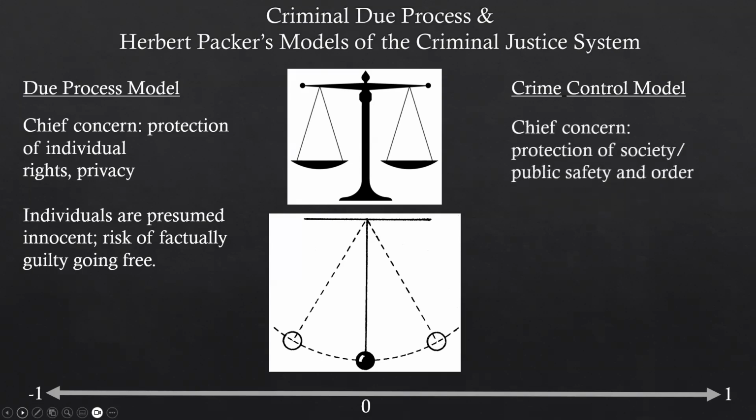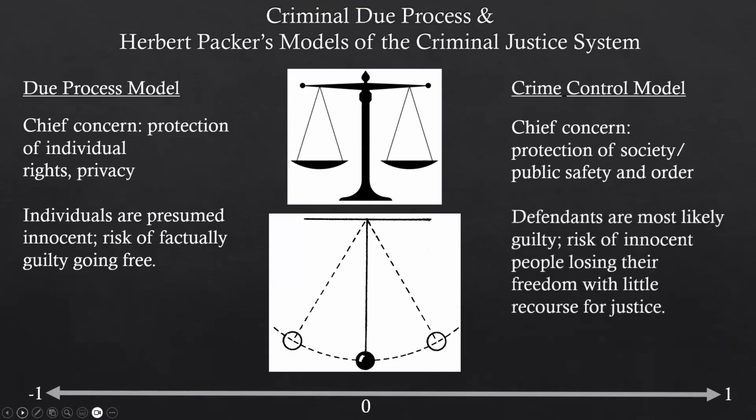The crime control model, the chief concern is the protection of people, public safety or community safety, providing order. And in that model, your criminal justice system is afforded a good bit of faith. We provide greater discretion to police and prosecutors, trusting them to get it right.